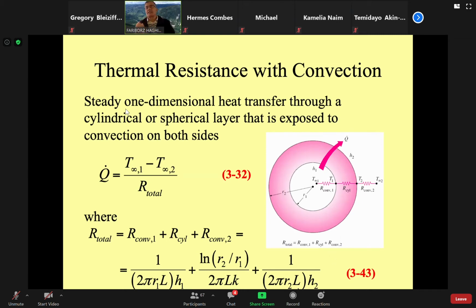Therefore, please keep track of the area that you are dealing with, okay? You can see it's changing. Any question, please? Now I'll calculate the total: the total heat transfer is the temperature difference between inside and outside divided by the total resistance.